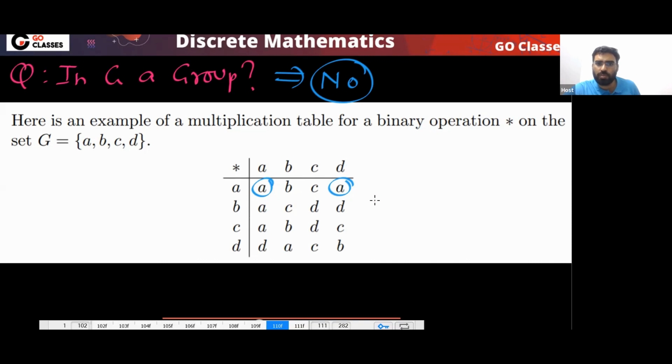So this is not a group. Or you can say there is no identity element. You can notice this identity element does not exist. And you also know that this repetition can never happen. So this is not a group.